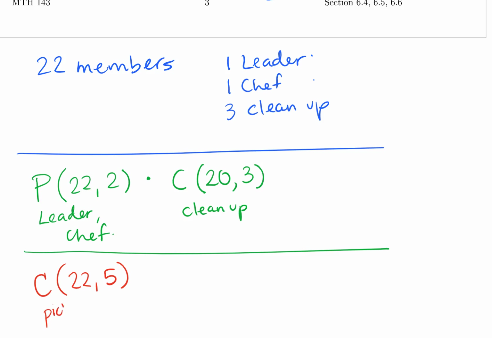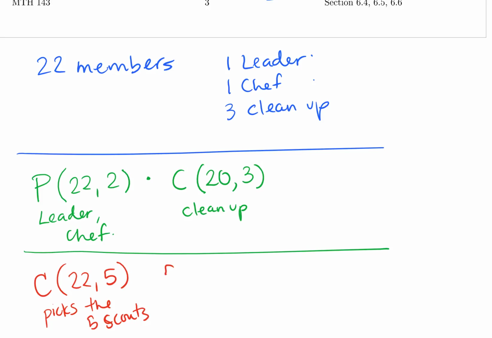So this picks the 5 people, but it doesn't give them a job yet. Now, from among those 5, if we can identify who the leader and the chef are, then the cleanup crew has also been identified, because they would be the people left over.